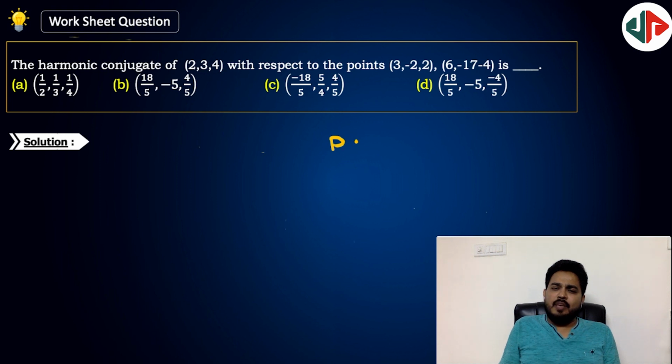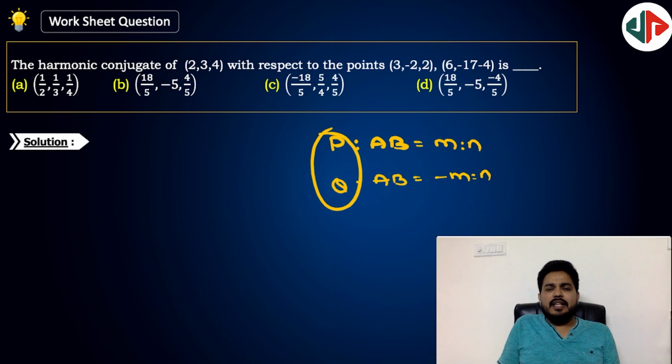If P divides AB in the ratio of M is to N, Q divides AB in the ratio of minus M is to N, these two are called harmonic conjugates.